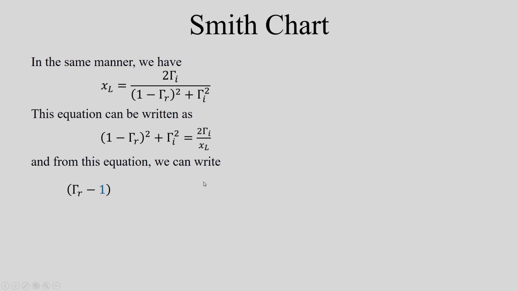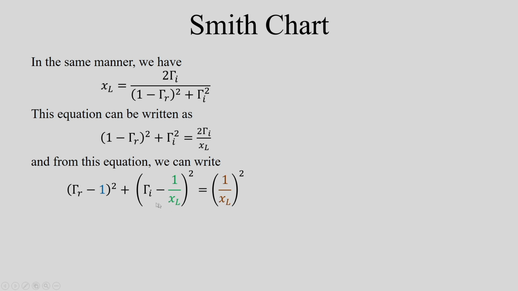We can add 1 by XL square on both sides, take this term to the left and rearrange, then we get an equation of this form: gamma R minus 1 whole square plus gamma I minus 1 by XL whole square is equal to 1 by XL square.